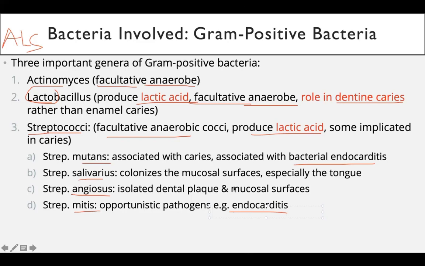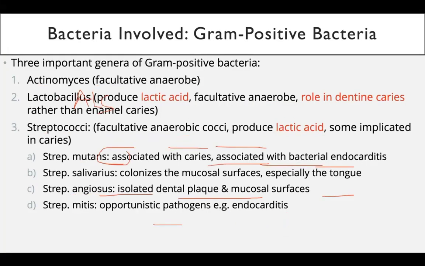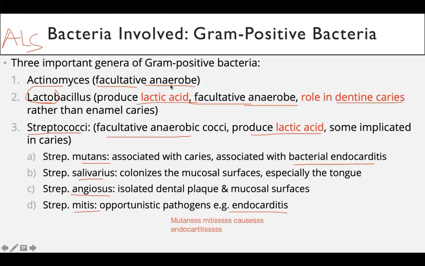Okay, let me just write it here. Mutans, mitis causes endocarditis. So this is how you remember 2 of the species of streptococci, which also cause bacterial endocarditis and also are the gram-positive bacteria involved in the periodontal disease.